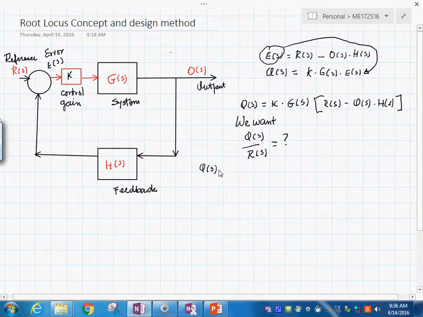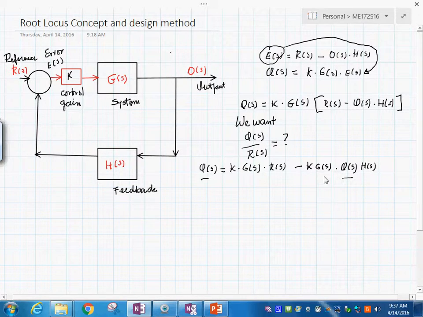So the output of S is equal to K times G of S times R of S, minus K times G of S times the output of S times H of S, right? And then you identify that this term and this term contain the same signal.